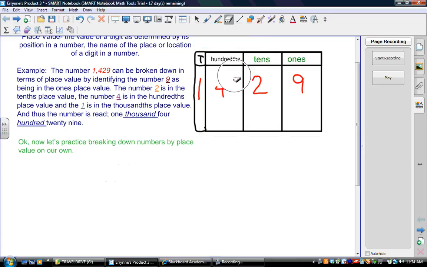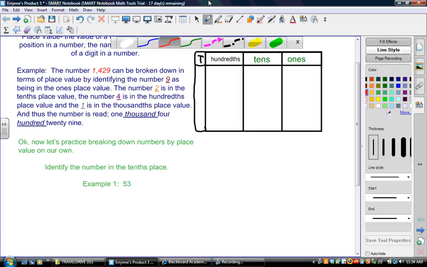So, I'm going to erase that part. Now we're going to do some on our own, okay? I want you to identify the number in the tens place in the number 53. Go ahead in your notebooks and write down number 1. Identify the number in the tens place in the number 53. Record your answers.